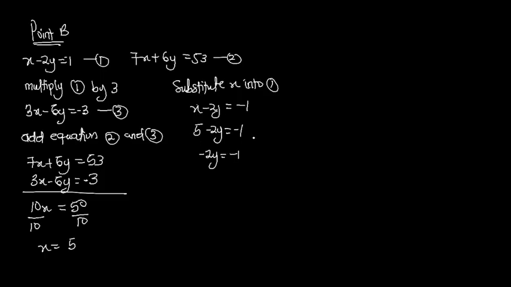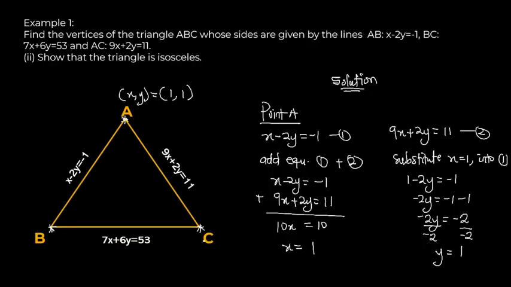I send the 5 to the right hand side, it becomes negative 5. So negative 2y is equal to negative 6. To find my y, I divide both sides by negative 2. So I have negative 6 over negative 2, and that will give me the y value of 3. So it means the coordinates for my point B is x is equal to 5 and y is equal to 3. So the B over here has the points 5 and 3.